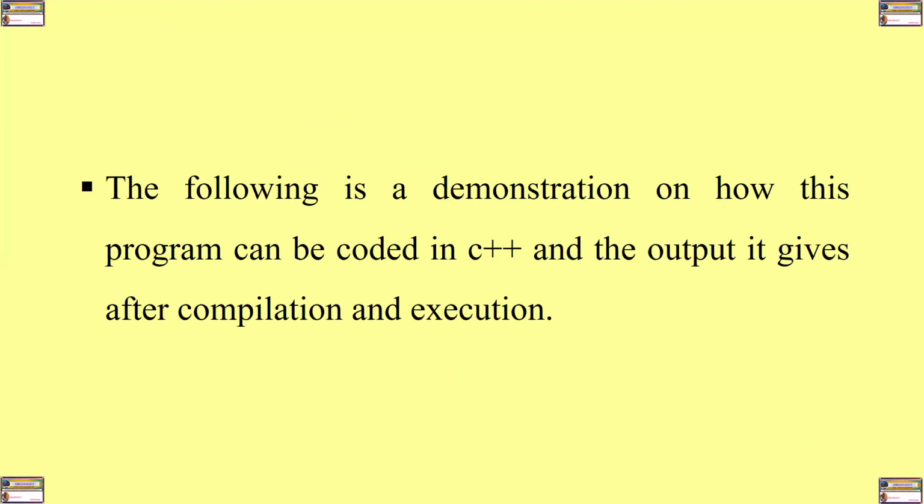So the following is a demonstration on how this program can be coded in C++ and the output it gives after compilation and execution. So in other words, my dear students and the rest of the learners, I want to demonstrate to you how this program will behave in C++.